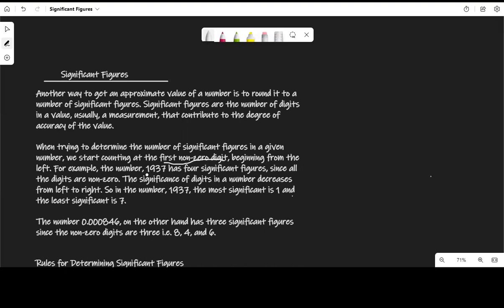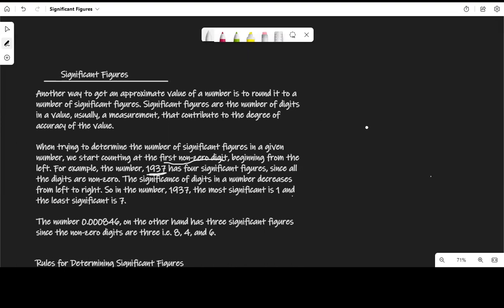So in the number 1937, for example, there are 4 significant figures. The most significant digit here is 1, since the significance of a number starts from the left-hand side and decreases towards the right. So in this number 1937, 1 is the most significant figure, followed by 9, 3, and then the least significant digit here is 7.